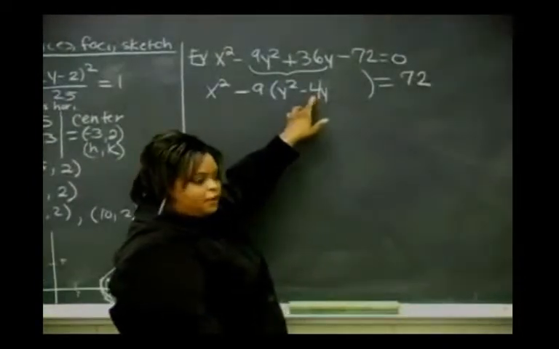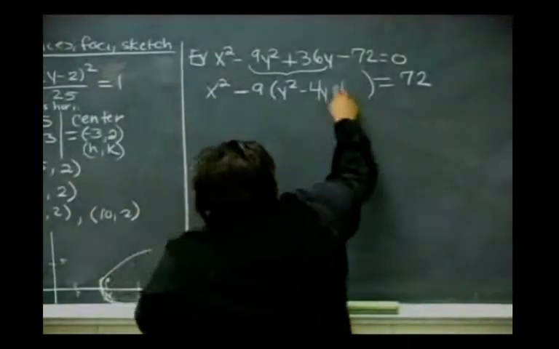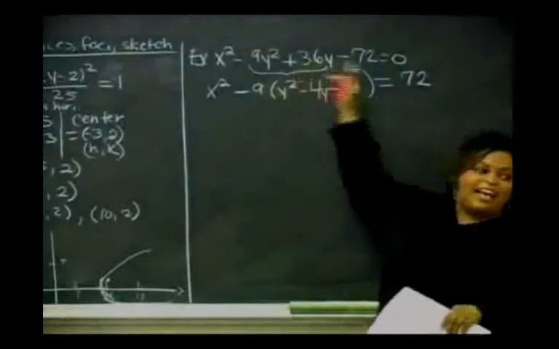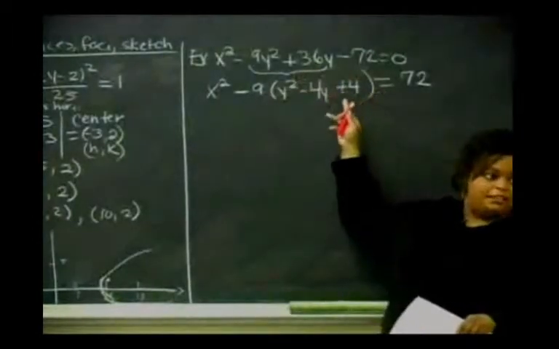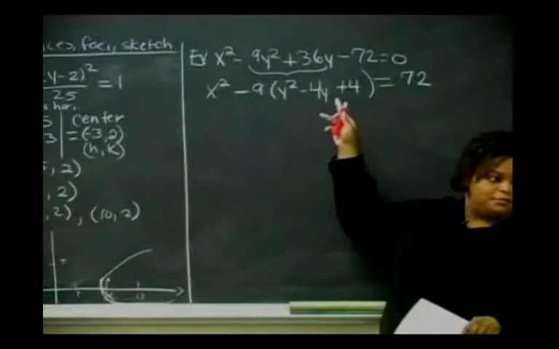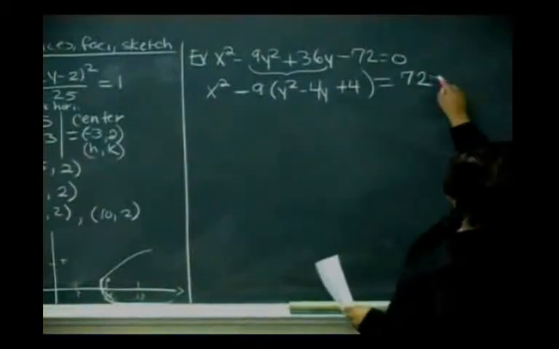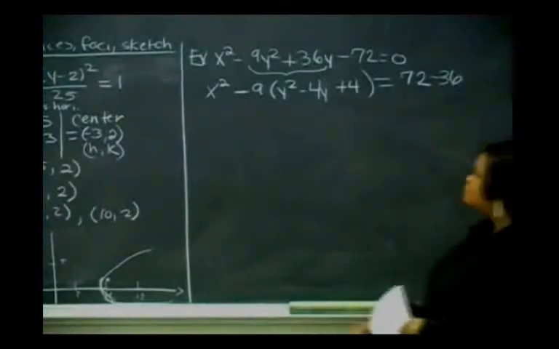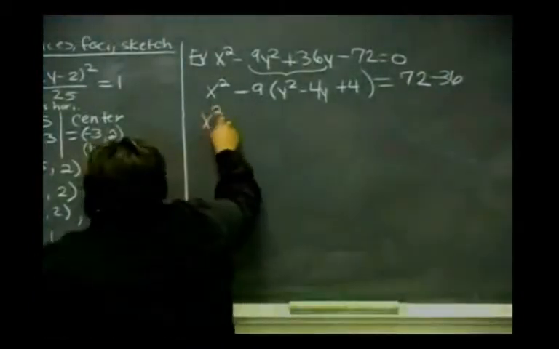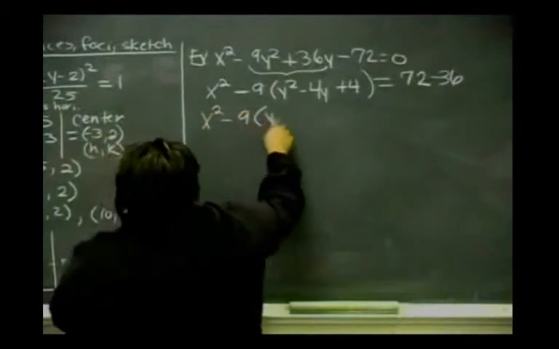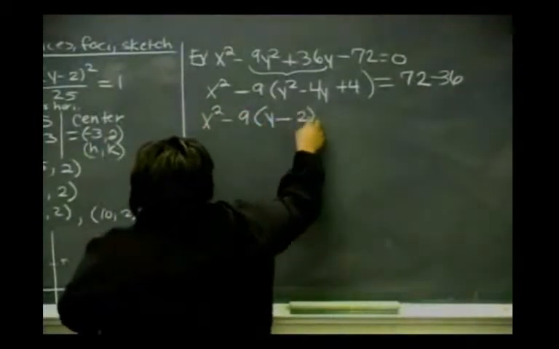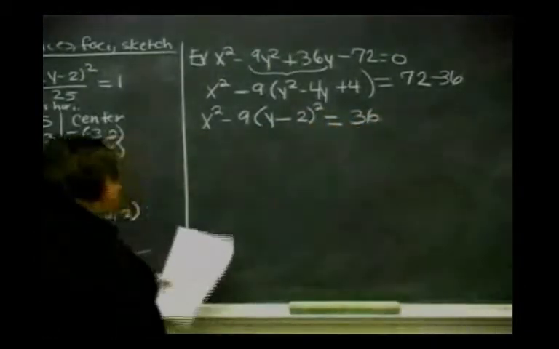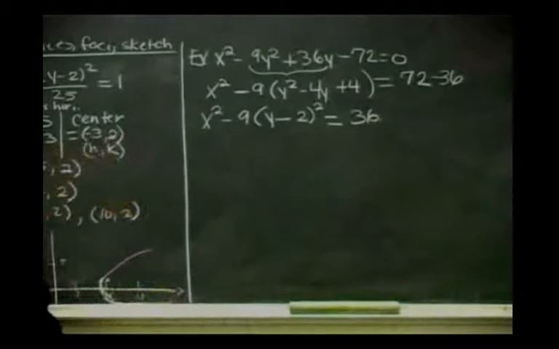And negative 2 squared is positive 4. But I didn't add positive 4. I added negative 9 times 4, didn't I? Which means I need to go over here and do what? Subtract 36. And this becomes y minus 2 squared equals 36.